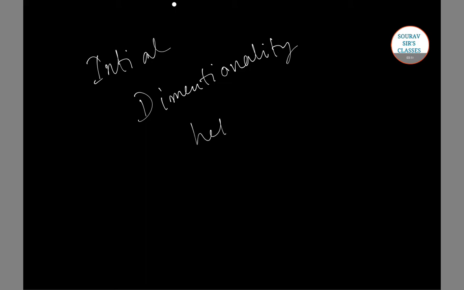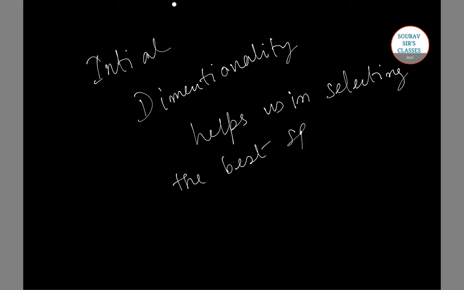So, initial dimensionality helps us in selecting the best spatial map for the data.